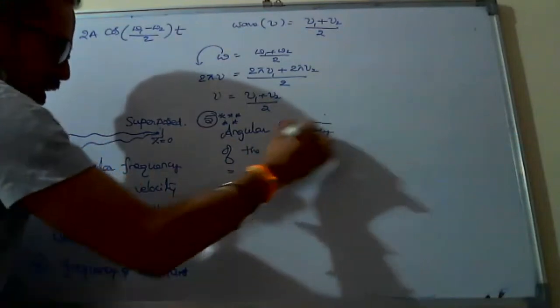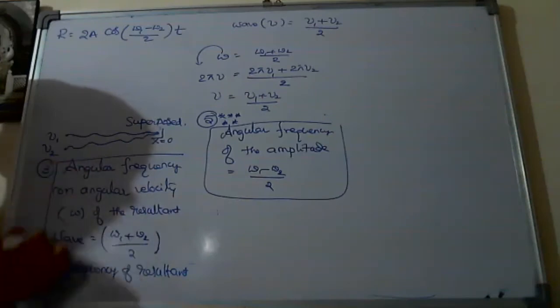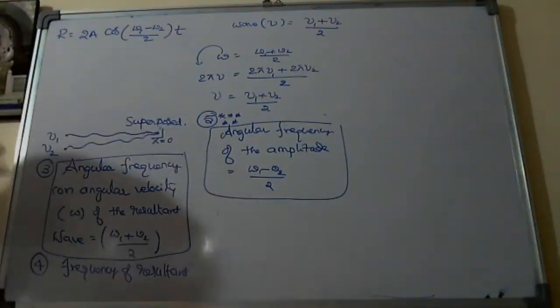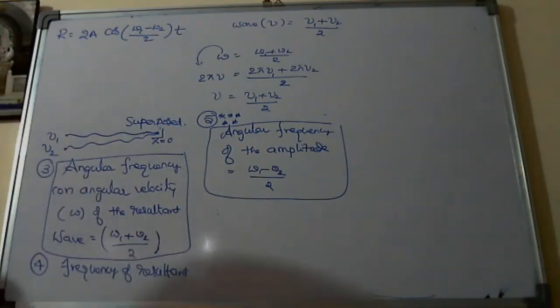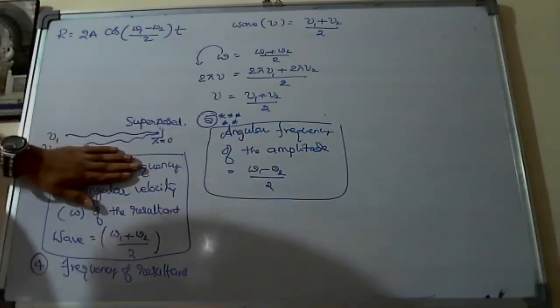Generally students get some confusion between these two numbers. Instead of one they put the other and get a wrong answer. Both are angular frequencies, but try to distinguish the two.